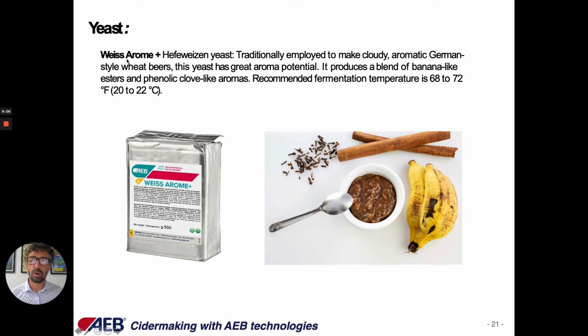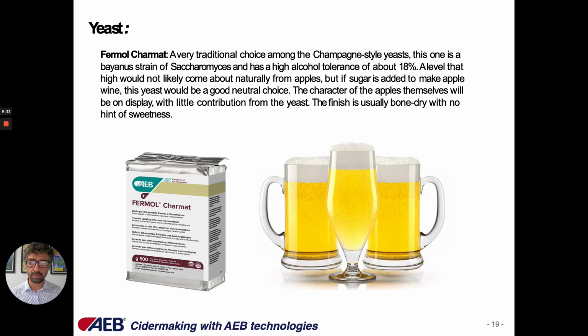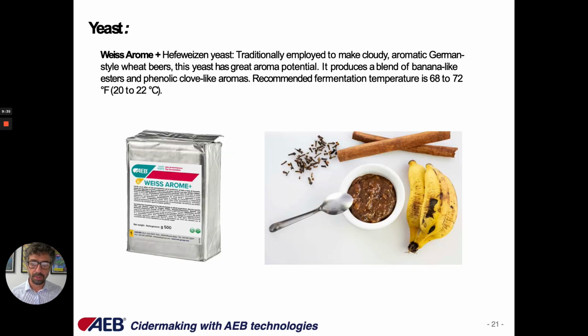So the Weiss Aroma is a typical Hefeweizen yeast, traditionally employed to make those cloudy German-style wheat beers, and the Weiss Aroma will characterize the cider with a little bit of banana, so very typical for the Weiss beer, and also spicy, let's call it cloves. So it definitely brings characteristics that the previous two yeasts will not bring.